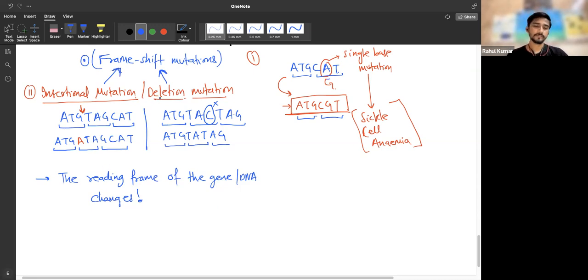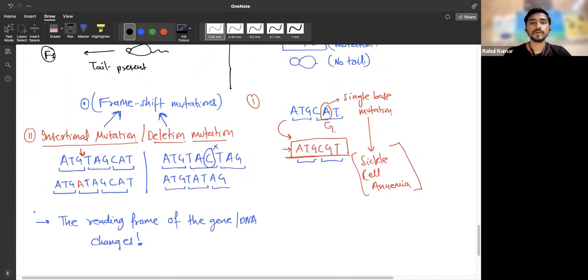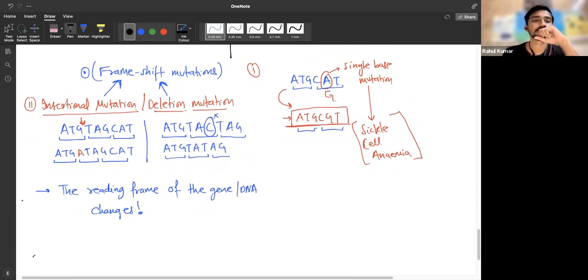Both insertional and deletion mutations. Done? Please note down. Let me know when you're done.